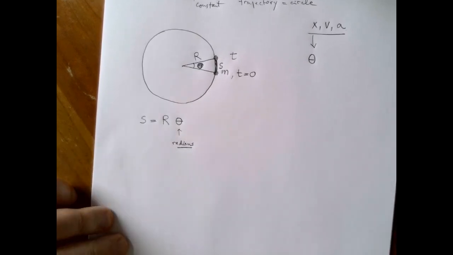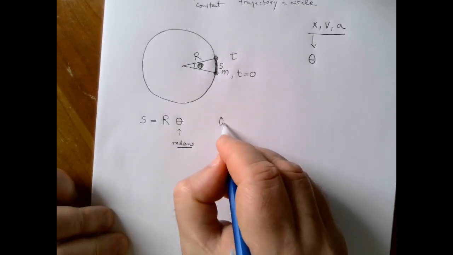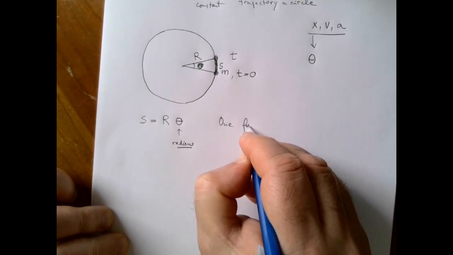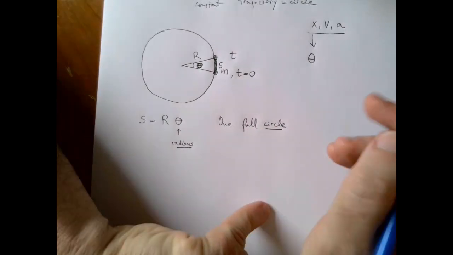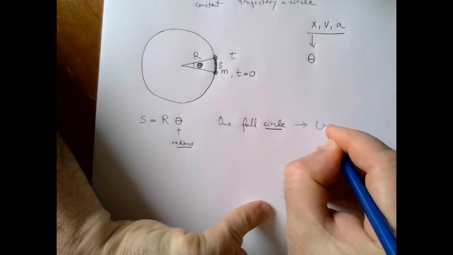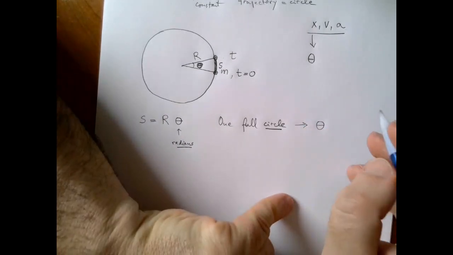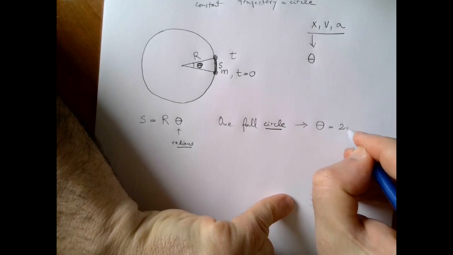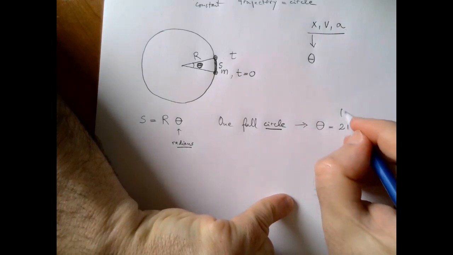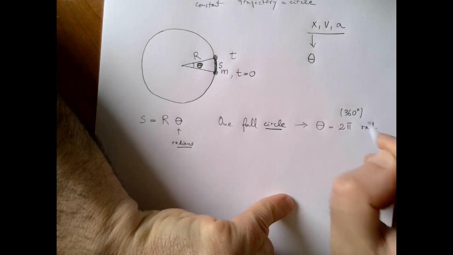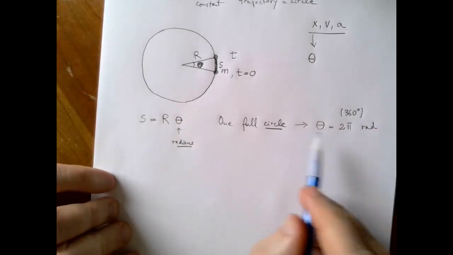If it looks complicated, just think what happens during one full circle. During one full circle, the particle has swept an angle 2 pi radians. It is our 360 degrees, but we are not working in degrees.